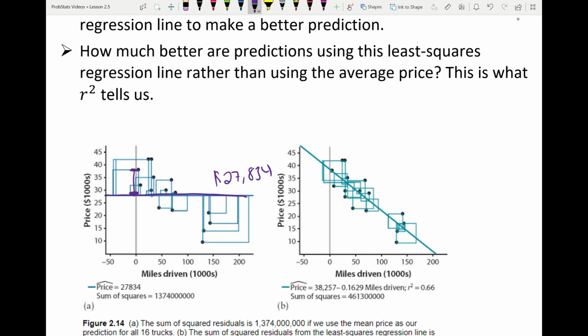For example, for this dot, if we take the difference between that and the 27,000 line, we get a residual for that. If we do this for all of these coordinates, subtracting y minus y bar, we get a bunch of residuals, and notice that these residuals are pretty large. Some of them are very large between the point and our prediction here.